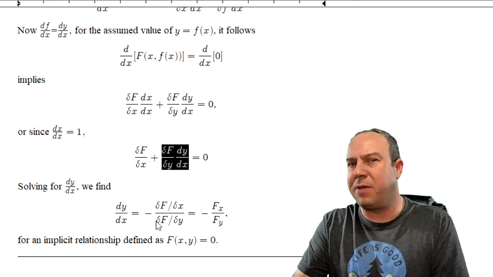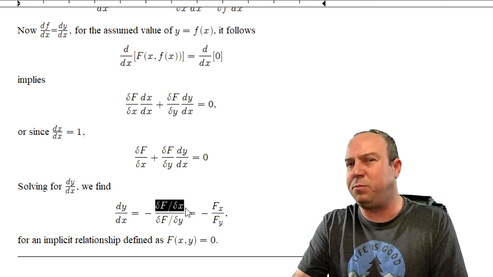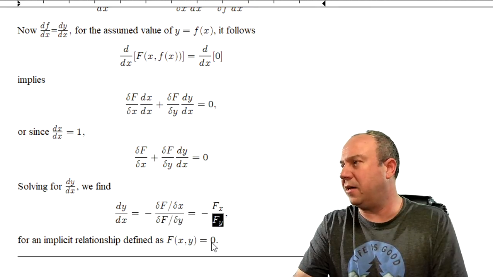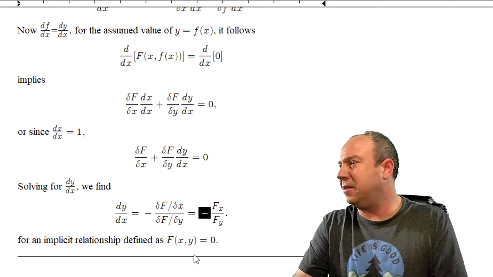And then when you divide by that, that's going to move to the denominator. And then what you will notice, this is just big F sub x, big F sub y. The partial of big F with respect to x divided by the partial of big F with respect to y. Its opposite value.